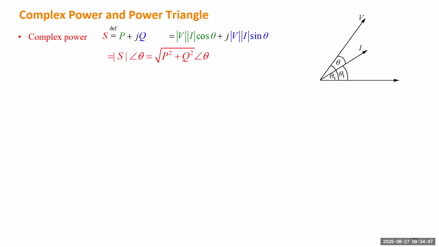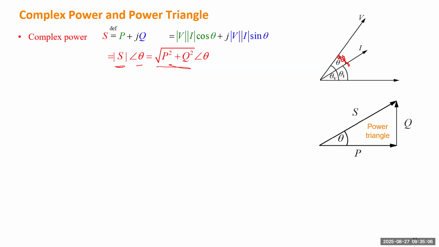Okay, so we know the magnitude will be apparent power, and theta here is the same theta between voltage and current. So if you know P and Q, you can calculate the apparent power using the Pythagorean theorem.